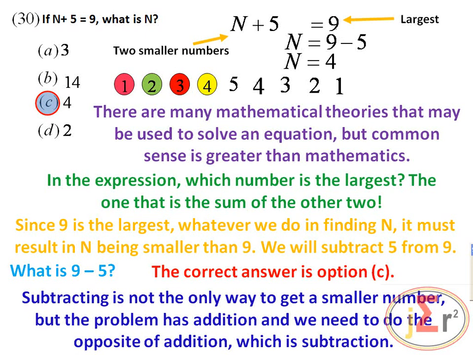We will subtract 5 from 9. And that is how we will proceed. So we add 5 to a particular number and the result is 9. To find what that number is, we will then take away the 5 from 9 and we will end up with what that original number is.